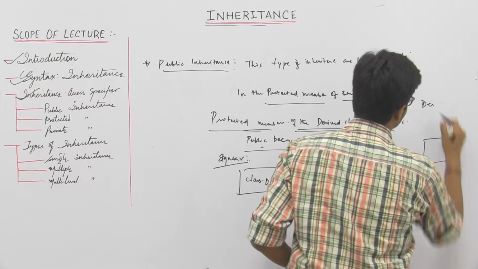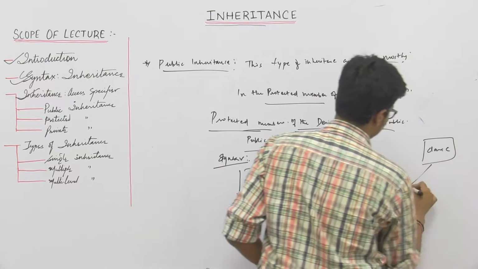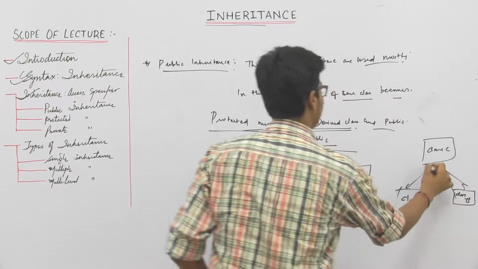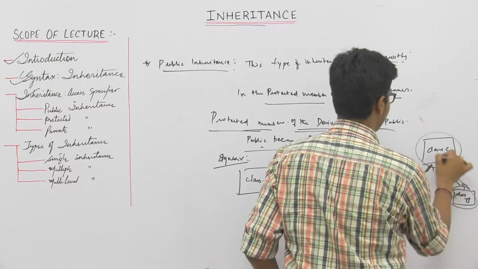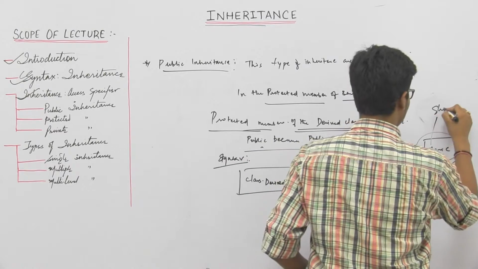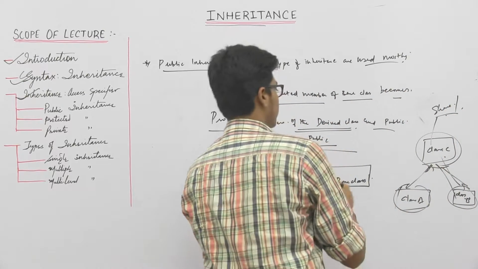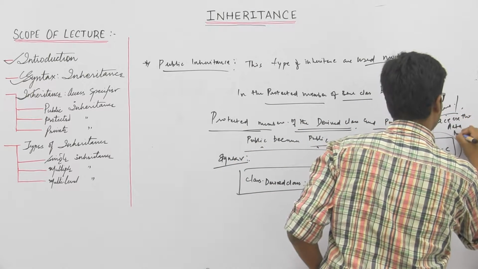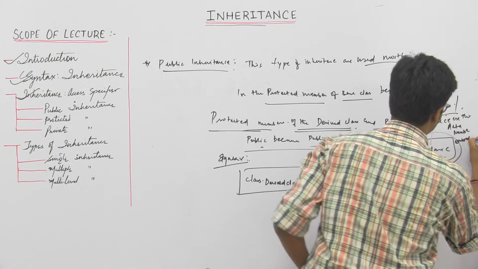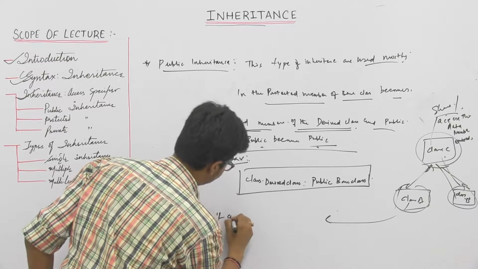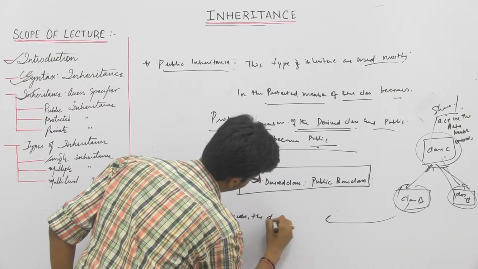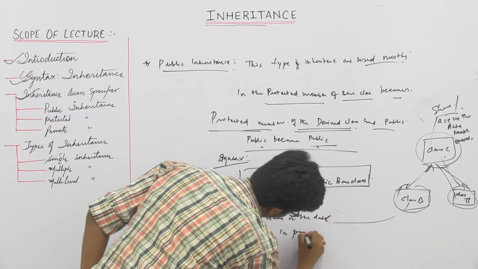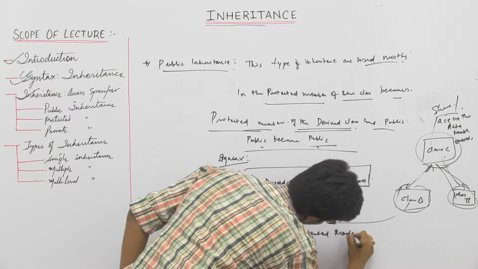For example, if class A is inherited by class B, some of the data available here cannot be shared, so you cannot access the data members in protected mode outside the class.